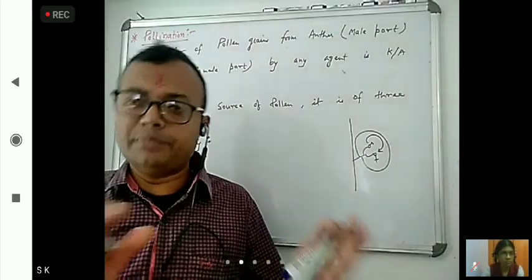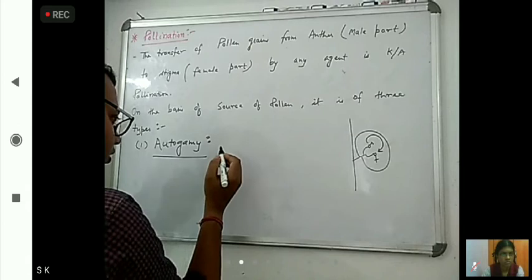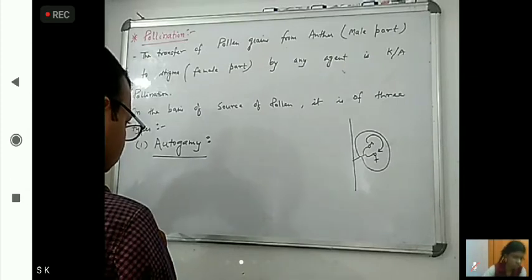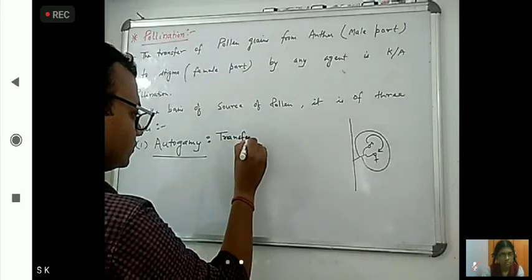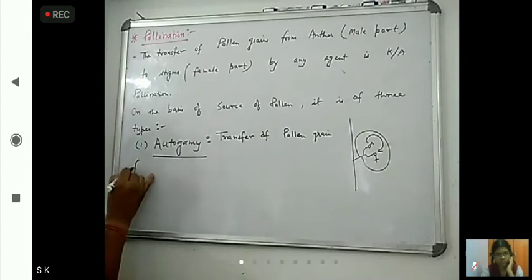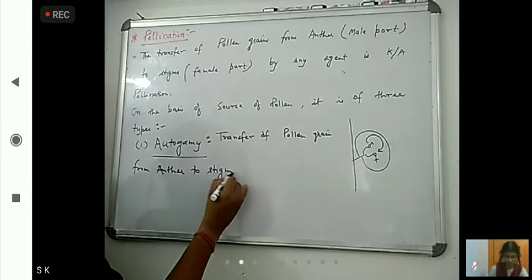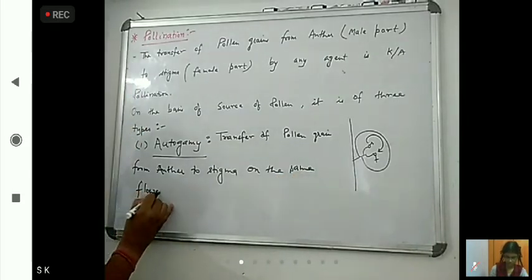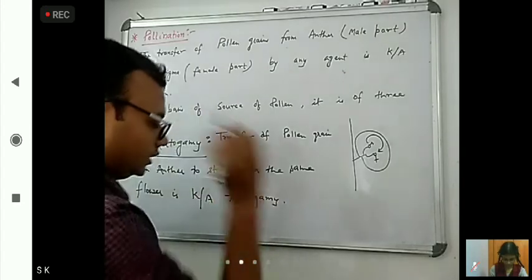Transfer of pollen grain from anther to stigma of the same flower is known as autogamy.